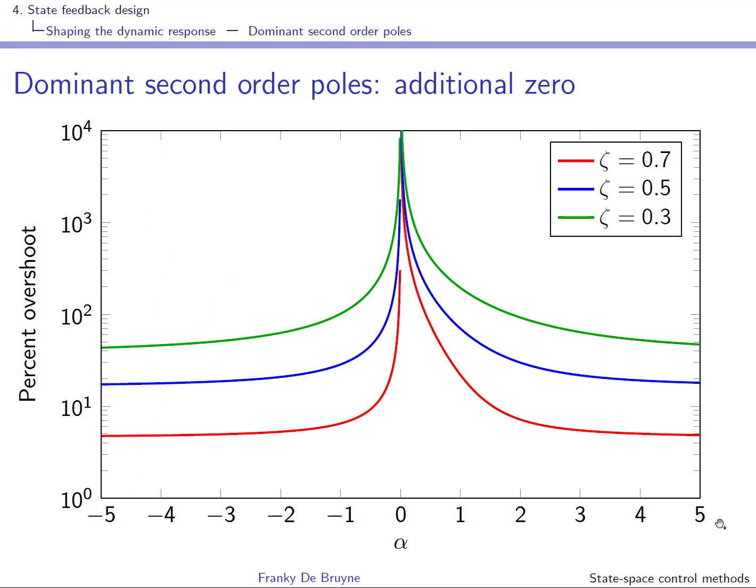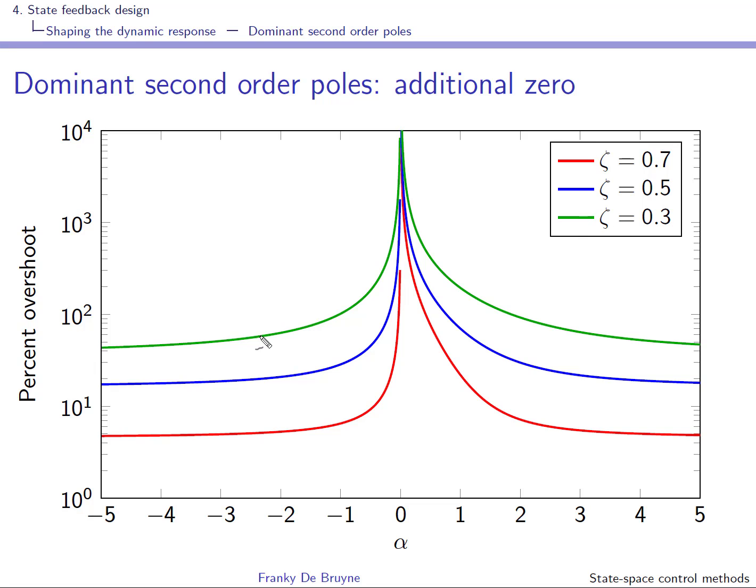So what you see here is the influence of the additional zero on the overshoot. We consider three situations: zeta 0.3, zeta 0.5, and zeta 0.7 with the respective colors.